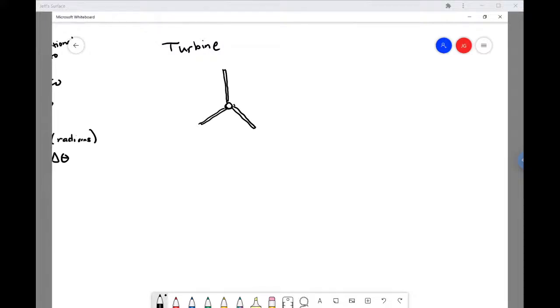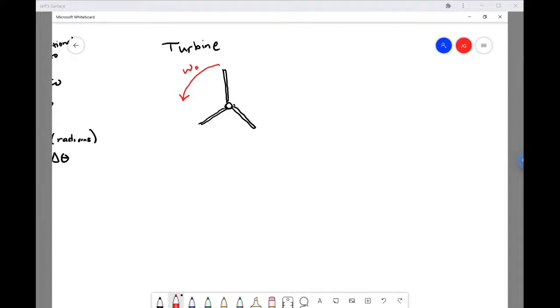And then they're rotating. So let's think about a situation where the turbine is rotating, let's say this way. It has some initial angular velocity. It's rotating counterclockwise. All right, but it's slowing down.